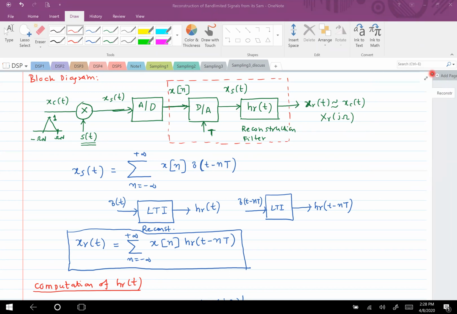So you assume that whatever you have here, x_c(t) is there. Inside this box there is in fact nT minus epsilon to nT plus epsilon we were doing, right? Assume that a similar thing we are doing. What exactly needs to be done, let's not worry about this point, but you just simply consider this x_c(t) is the same as this x_c(t). With this black box you are getting x_c(t) back.